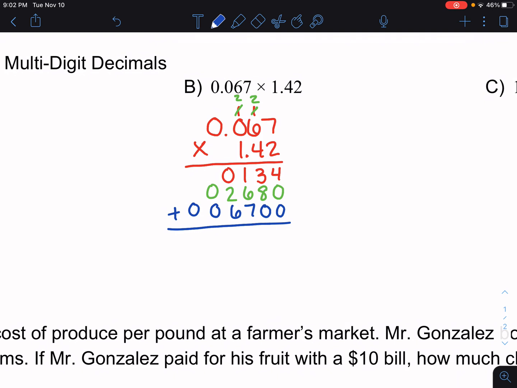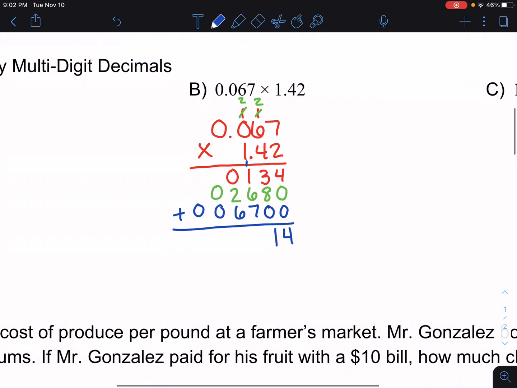So 4 plus 0 is 4. 3 plus 8 is 11, and I'm going to carry the 1. 7 plus 6 is 13, plus 1 is 14, plus 1 more is 15. Carry the 1. 6 plus 2 is 8, plus 1 more is 9. 0 plus 0 is 0, and then I have my 0 in the front.